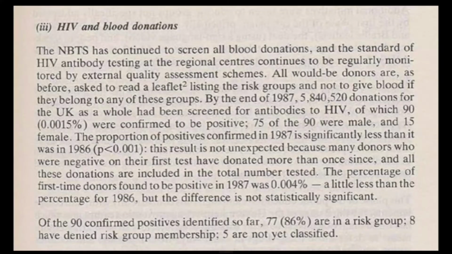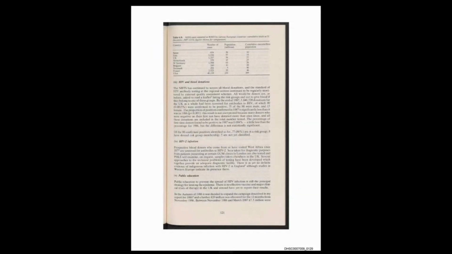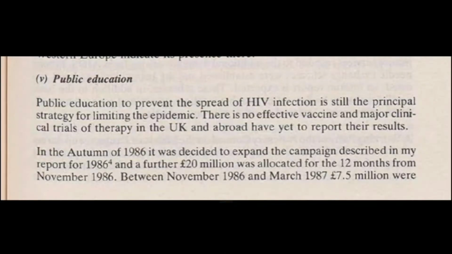Then if we go to the section below, please. Public education. We've looked at this, showing that in the autumn of 1986 it decided to expand the campaign. This just gives the finances that I don't think we've brought out so far today.